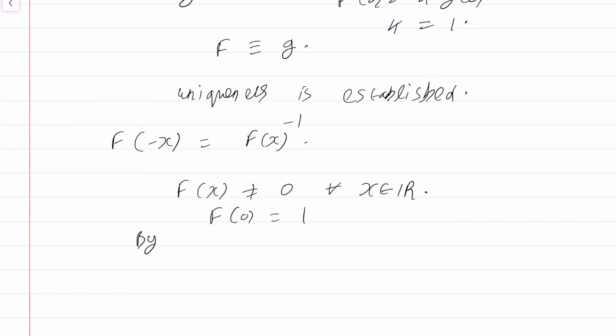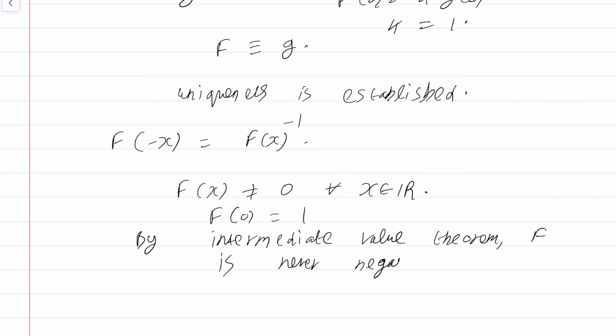Therefore, by intermediate value theorem, because f is of course a continuous function, in fact given by a power series, so it's a smooth function, f is never negative. So the function f, whose existence and uniqueness we have established in this theorem, also is always a positive function.